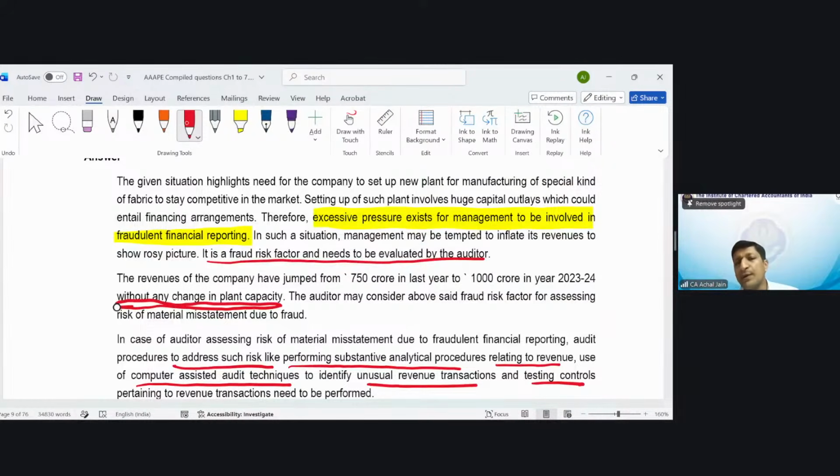So it's all about the evaluation. So first of all, as an auditor, what do you evaluate? Whether such a risk will exist or not. So as an auditor, you can see that this risk exists. Now, in such a situation, management may be tempted to inflate its revenues. No doubt. It's a fraud risk factor and needs to be evaluated by the auditor.